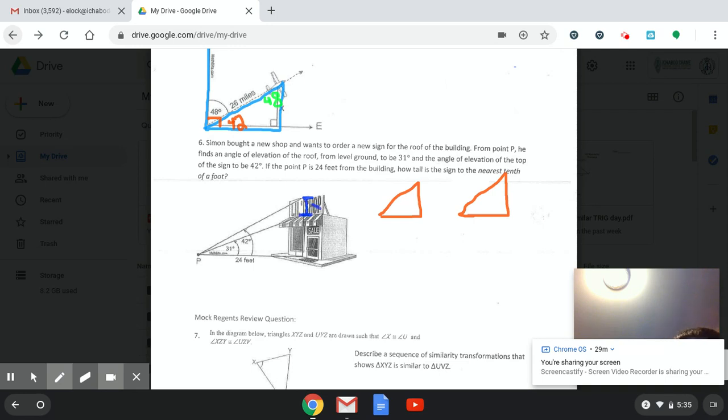So, if that's the measure X we're looking for, we're going to have the whole height with the building and the sign being our A on our taller right triangle. And same deal with the height of just the building, we could call that B on the smaller right triangle. And again, very similar to how I set it up in the notes questions, X would equal the whole height, A, subtract the height of the building, B, and that'll leave you with just the height of the sign.